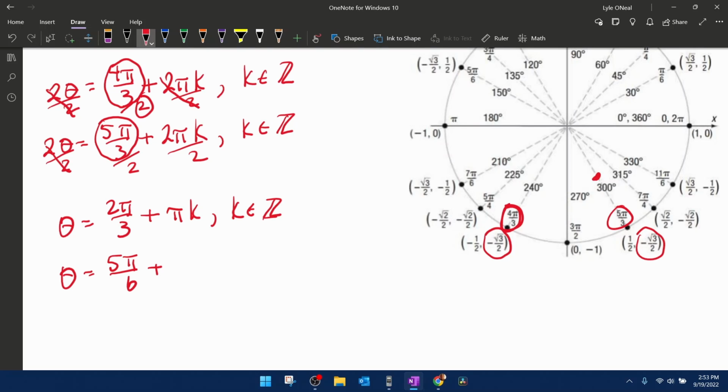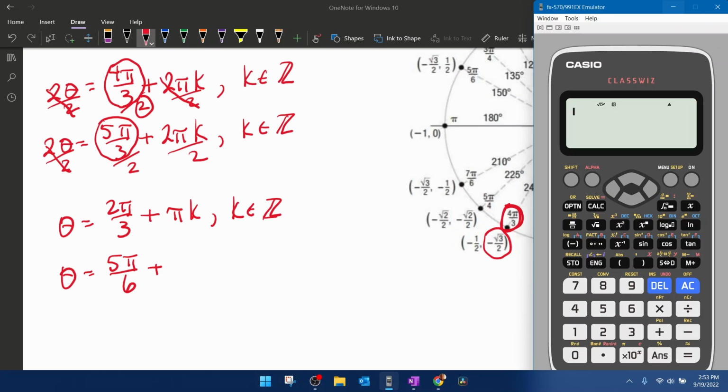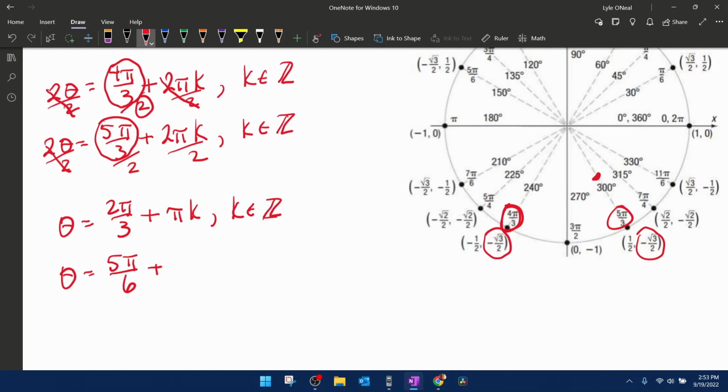And again, let's prove that with the calculator. Five pi over 3 divided by 2, 5 pi over 6 is our second angle. So this is our second formula. Again, those 2's cancel, giving us pi k, where k is an integer.